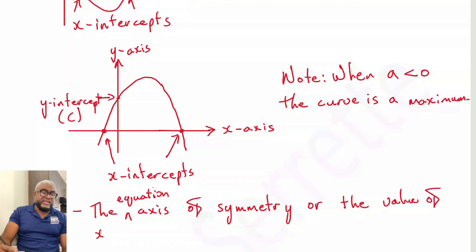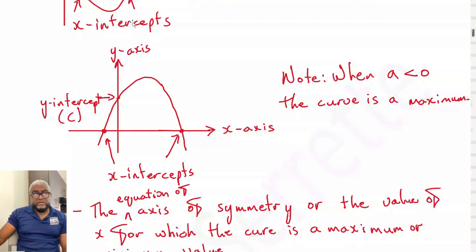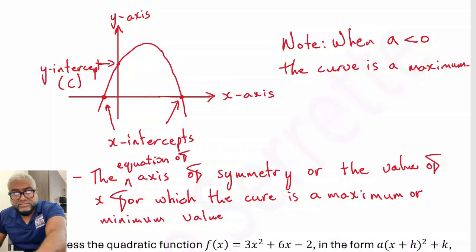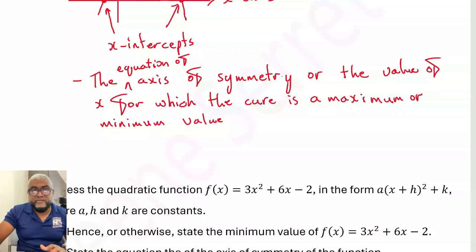The equation of the axis of symmetry, or sometimes they ask you for the value of x for which the curve is a maximum or minimum value for which the curve.